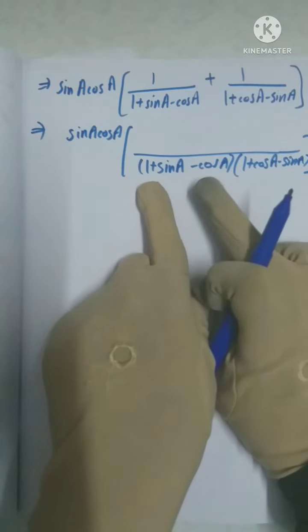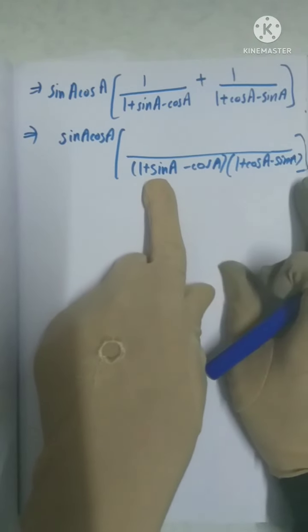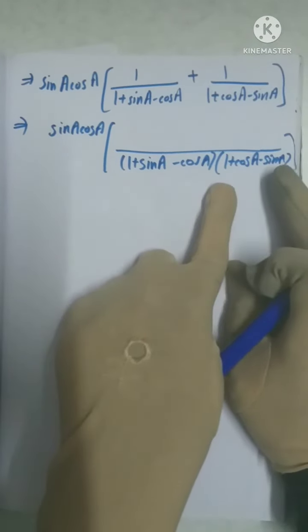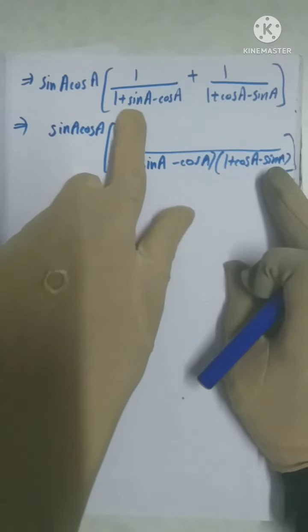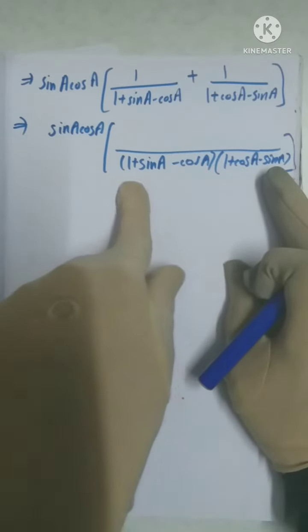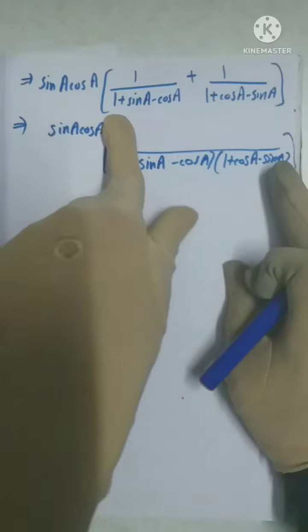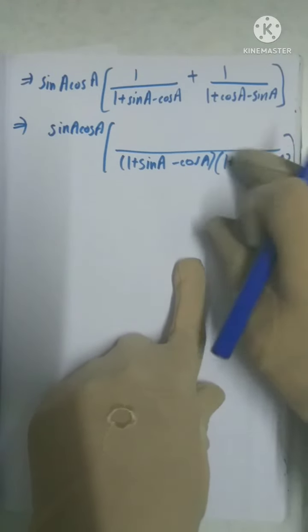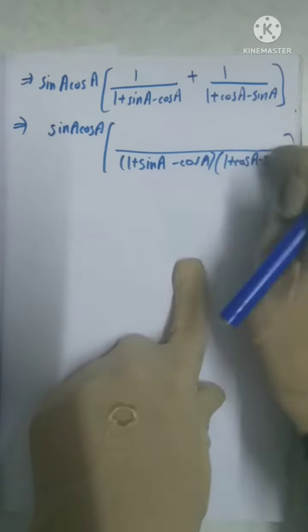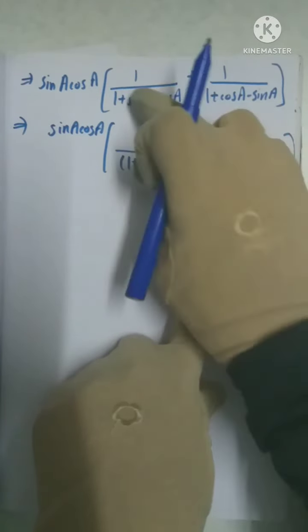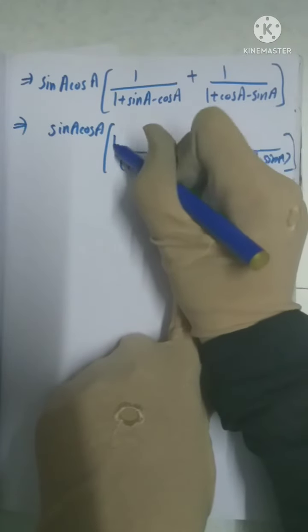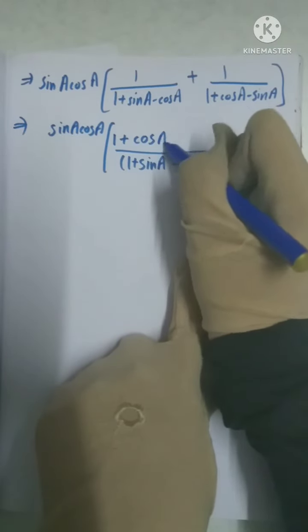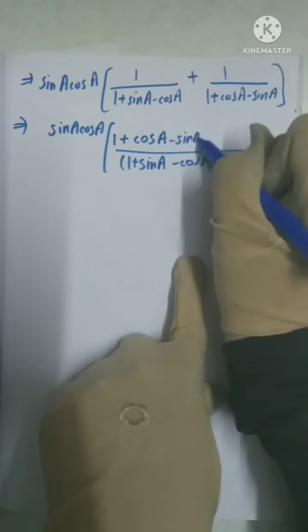If you observe here the denominator is 1 plus sin A minus cos A into 1 plus cos A minus sin A divided by 1 plus sin A minus cos A. That is 1 plus sin A minus cos A, 1 plus sin A minus cos A will get cancelled. What is remaining? 1 plus cos A minus sin A. So denominator divided by denominator, these both will get cancelled. This will be remaining because these both are same, right? So what is remaining? 1 plus cos A minus sin A.